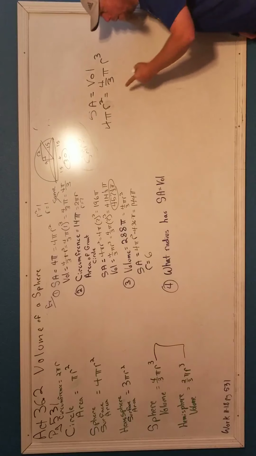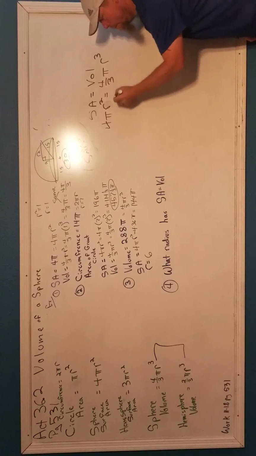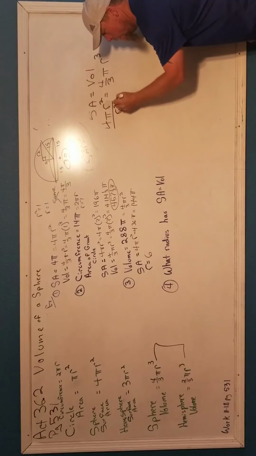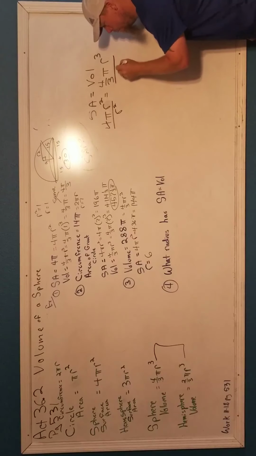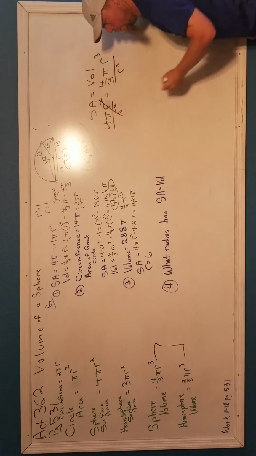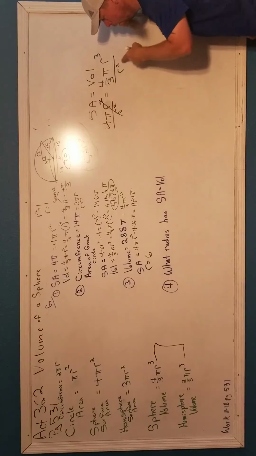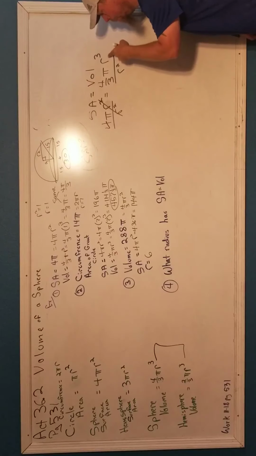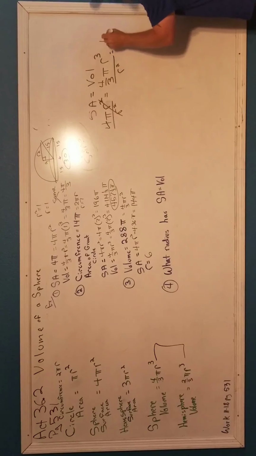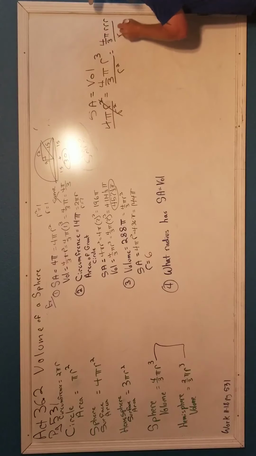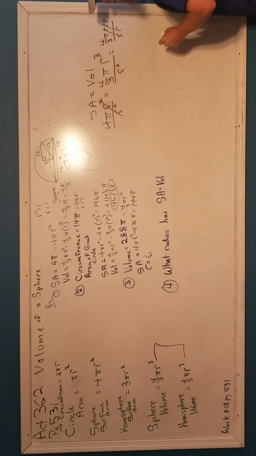Okay? Notice I've got an r squared and an r cubed here. If I divide by r squared, watch how easy this becomes. So cancel over here. Most of you okay with that? The rule here is if I have 3 r's up here, so this would be 4 over 3 pi times r over r, 2 of them are going to cancel.